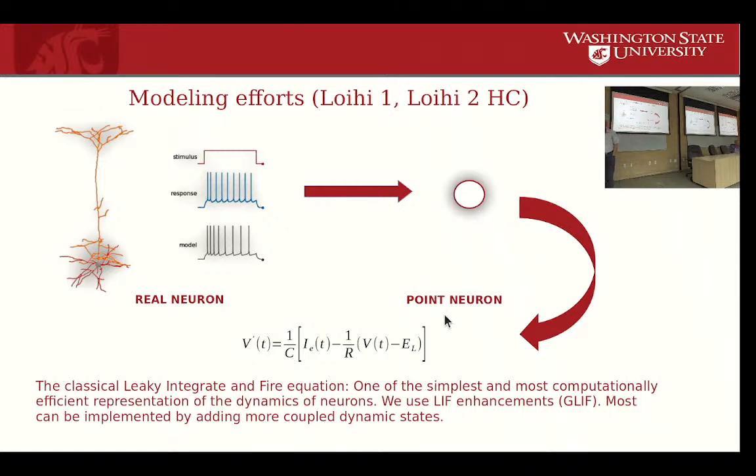And at least in Loihi 1, this point neuron had relatively simple dynamics. We have to speak differential equations. Voltage dynamics, the rate of change depends on the current, and some of those are linear, so yes, that's all there is. There are several enhancements that make for more interesting dynamics. Even that was sufficient for some of the work that we're doing.